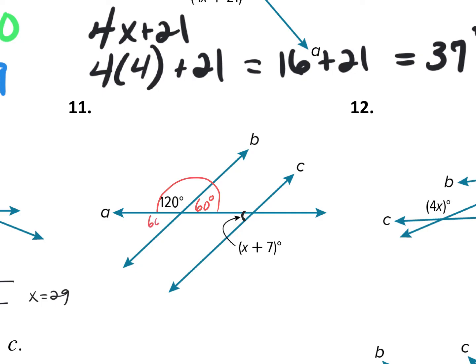It also makes this 60 degrees and this 120. So that means these two angles are congruent because they're alternate interior. So therefore that x plus 7 angle has to be equal to 60 degrees. So to solve for x, we would just subtract 7 from both sides. So x would equal 53.